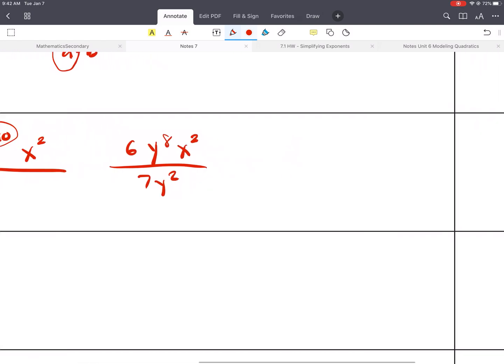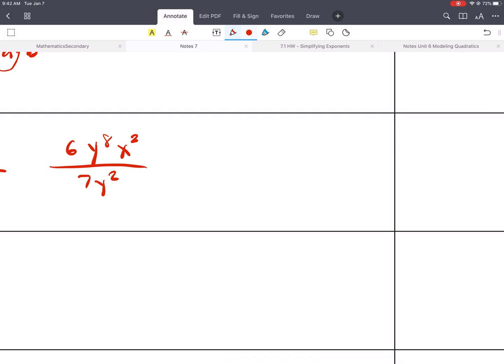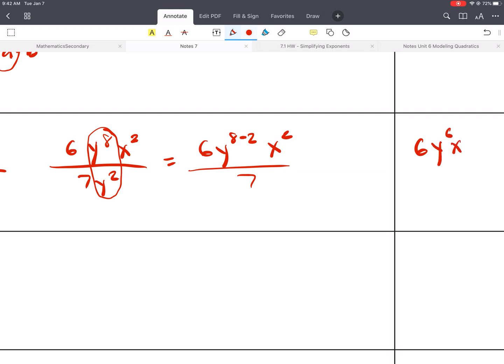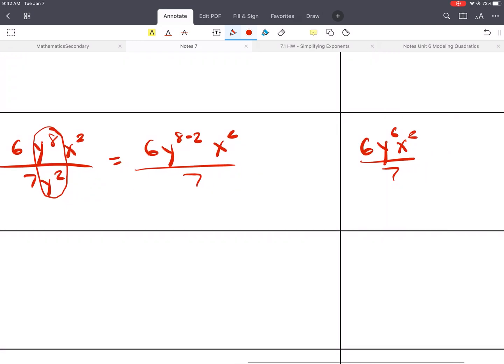And then since these are like bases and they're being divided, we subtract their exponents. So we have 6y to the 8 minus 2, and then we'd have x squared all over 7. So we get 6 times y to the 6th, x squared all over 7 as your final simplified answer.